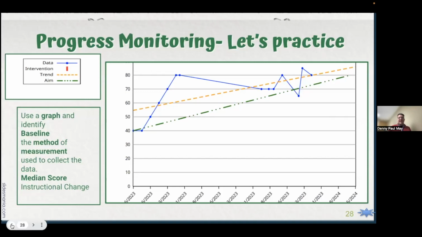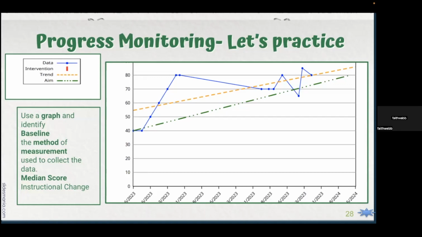And we can see that the data jumps way up there for a bit. And so we start to ask ourselves the question, specially designed instruction must be working really, really well, or either the goal is what? What would you think, Faith? I would think the goal was probably not an accurate representation.